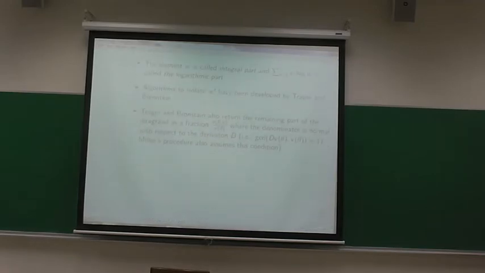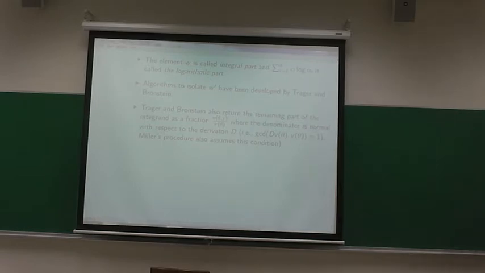When they are isolating the W prime, their algorithms also give out the remaining part of the integral as a fraction b of theta y over b of theta, where the denominator is normal with respect to the derivation d, and that means that the greatest common divisor of the derivative of b and b is 1.